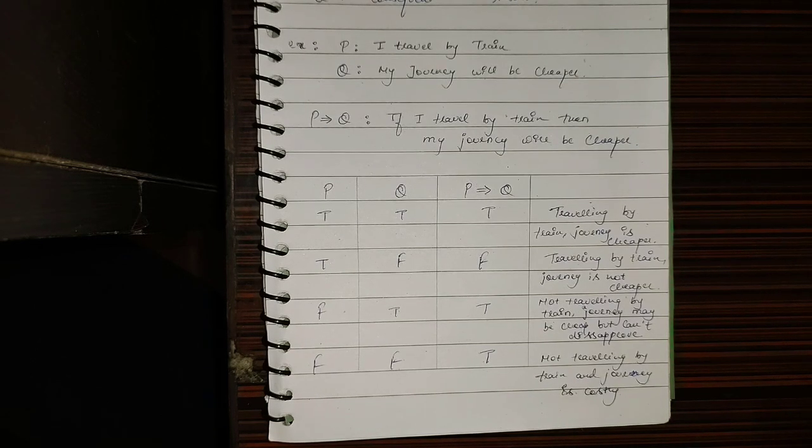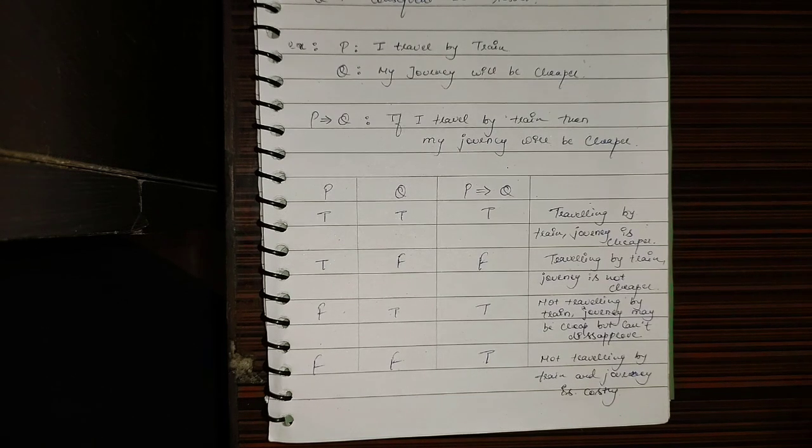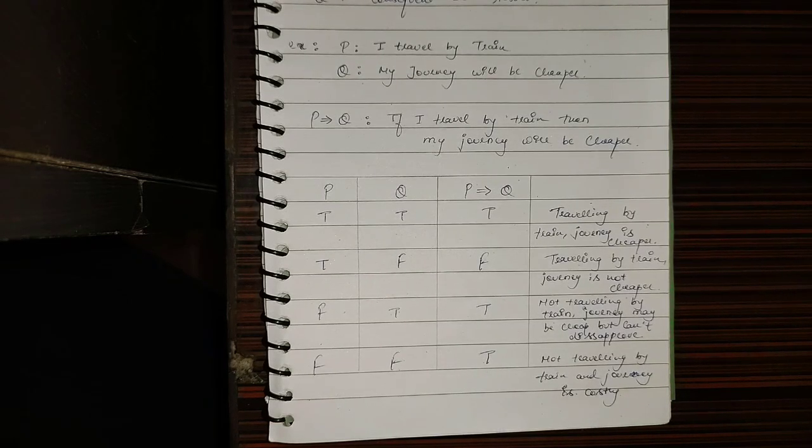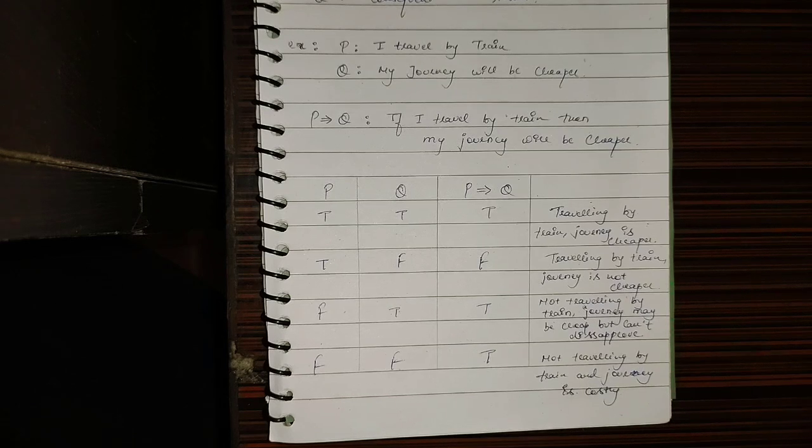The journey may be cheap, but we cannot disprove it. We cannot say that, no, we have not taken the train, so the journey would not be cheaper. We, in fact, cannot say that the conclusion will be false simply because the hypothesis is false.